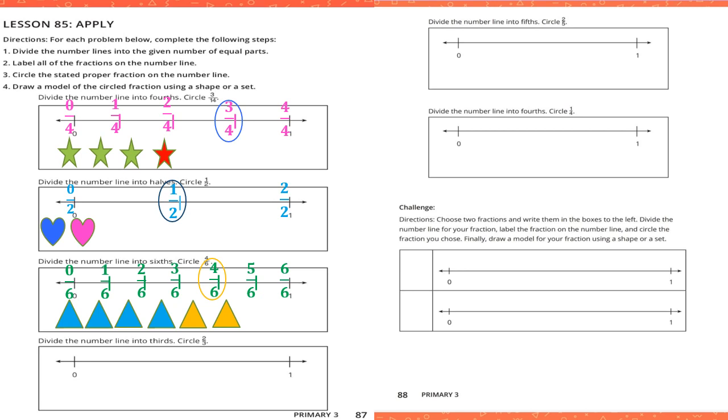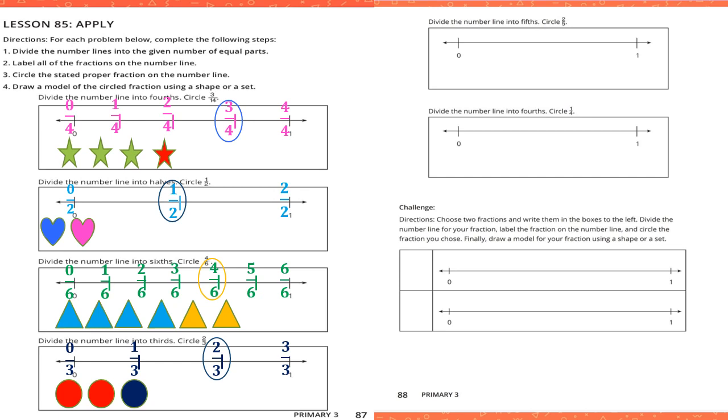The last one, divide the number line into thirds. Circle 2 over 3. Like the previous, thirds means 3 equal parts. Let's divide and label each dash, and finally circle 2 over 3.